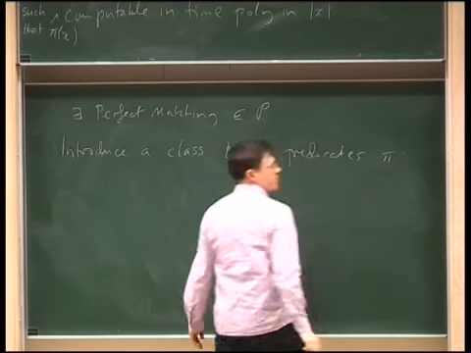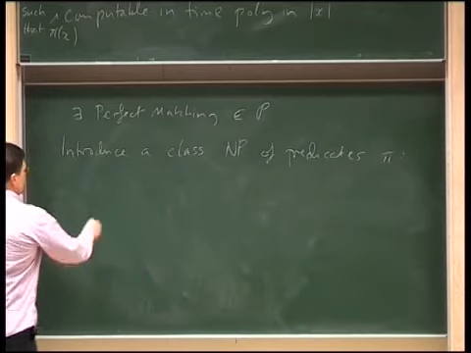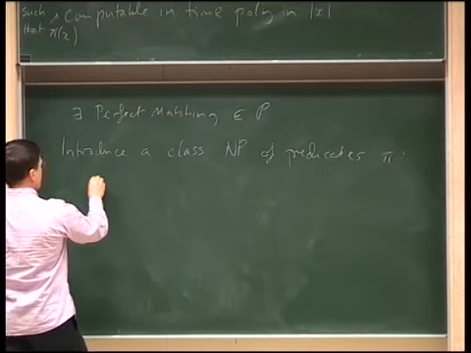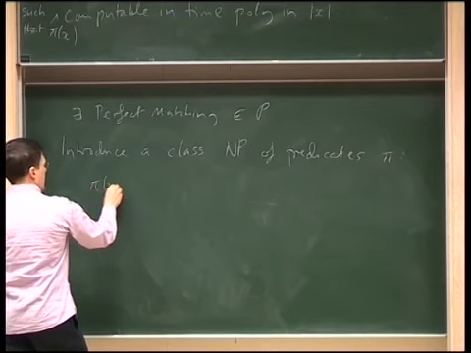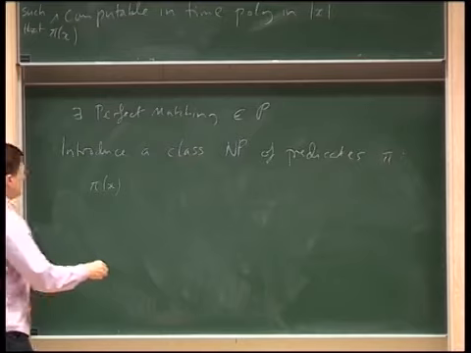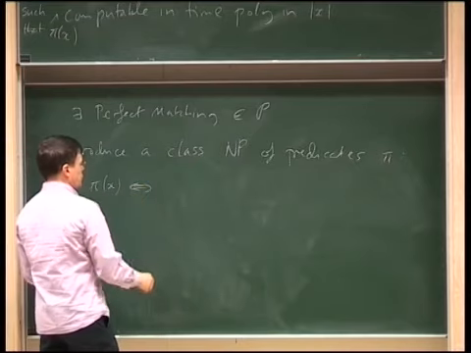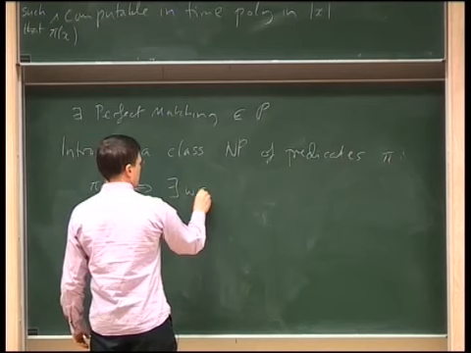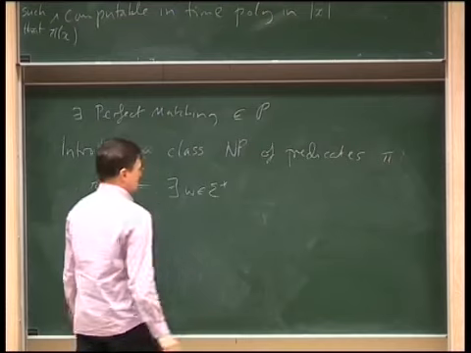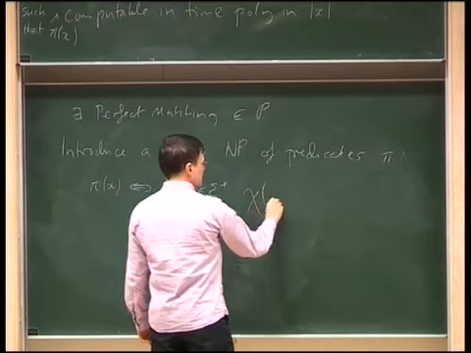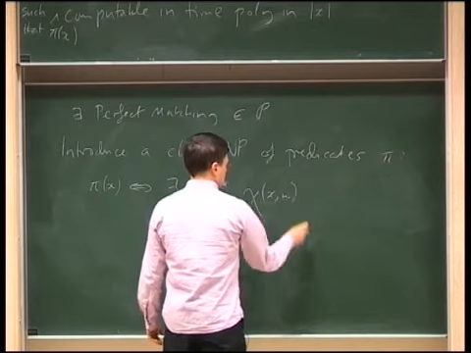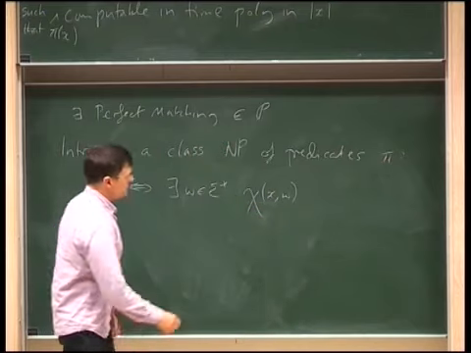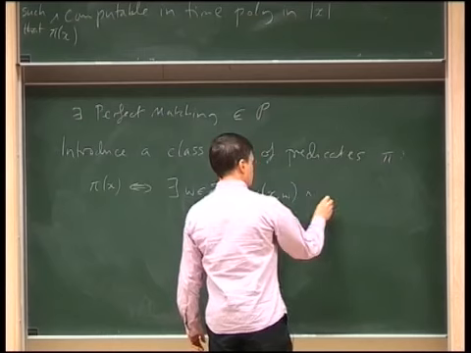pi, which you can express in the following way: pi on some input X, some graph, is true if and only if there exists another word W, such that some other predicate, which I'll call chi, is true.